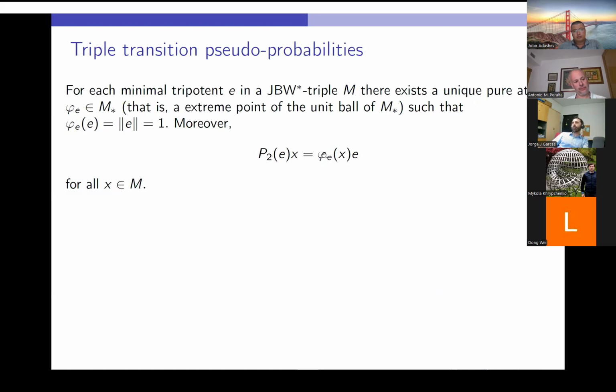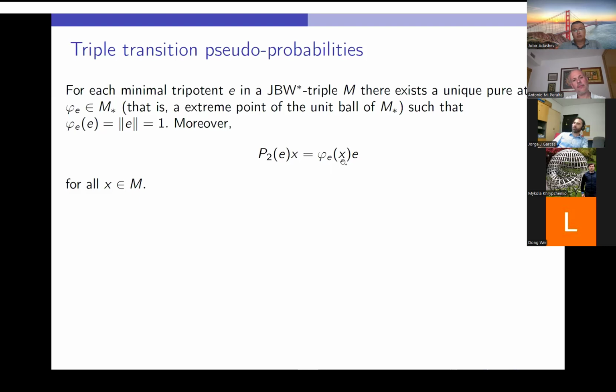So for every minimal tripotent, there is a pure atom, which is an extreme point of the unit ball of the predual, such that this pure atom attains its norm at the tripotent, and also it happens that the Peirce-2 projection of the minimal tripotent can be given in terms of this pure atom, which is called the support of the tripotent, right?